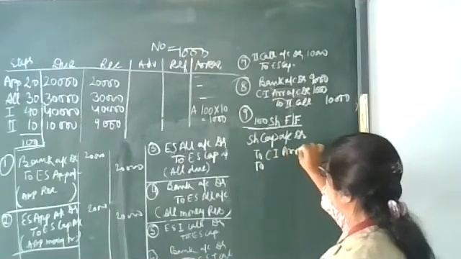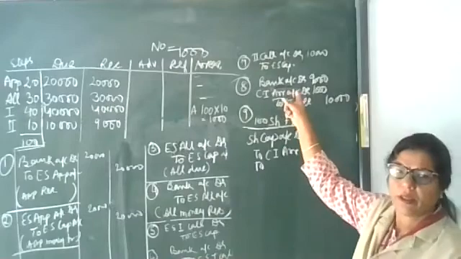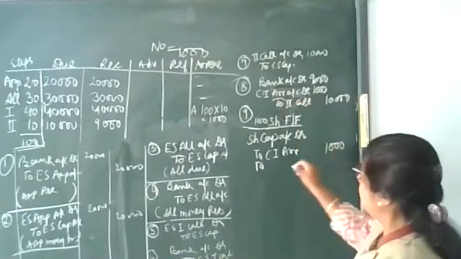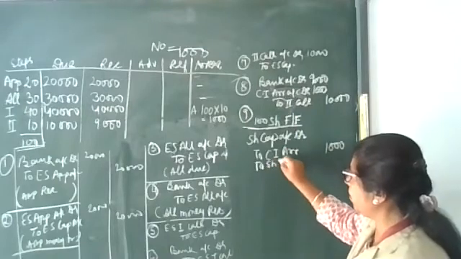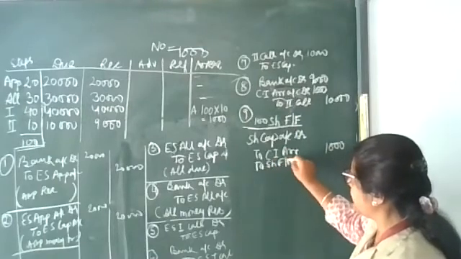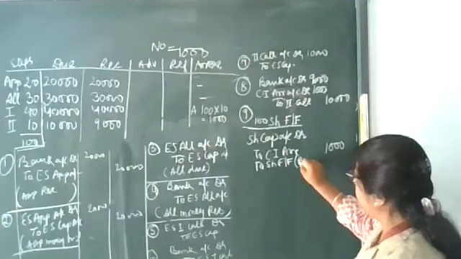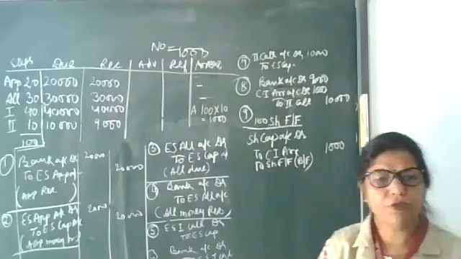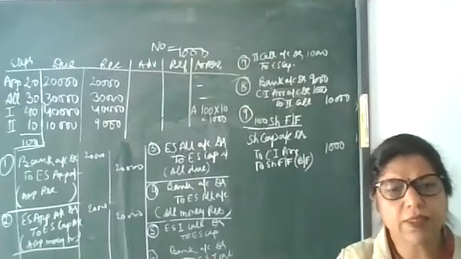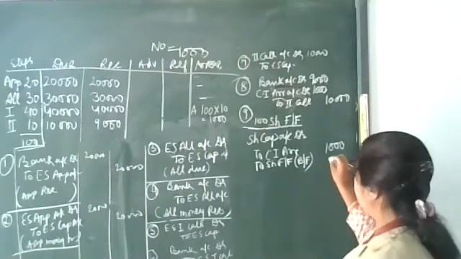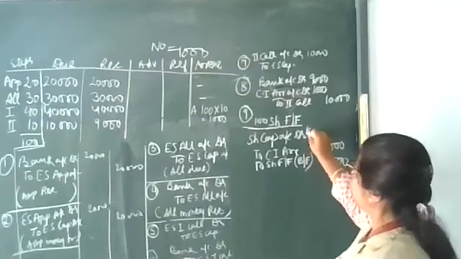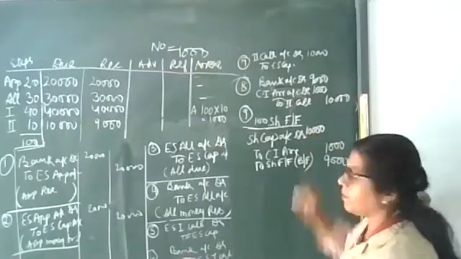The amount which you debited now will become credited. And the remaining balance is share forfeiture, the balancing figure. And that is 9,000.